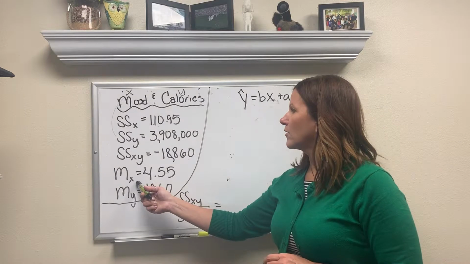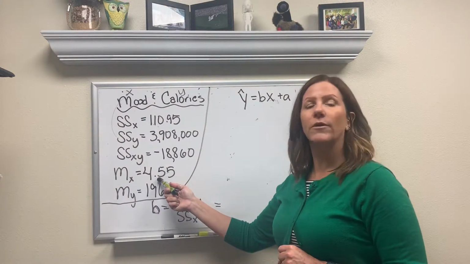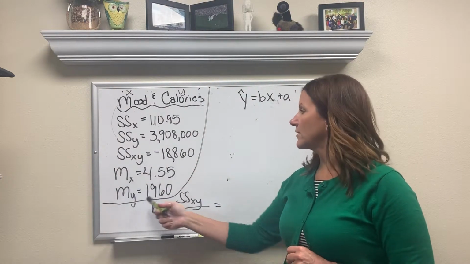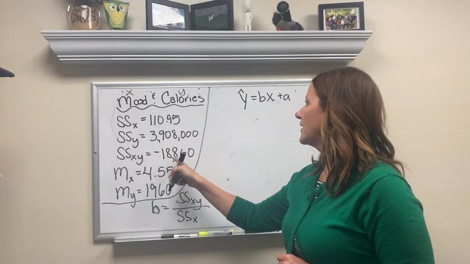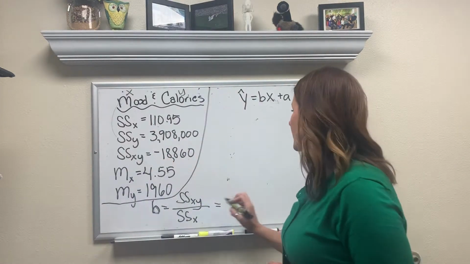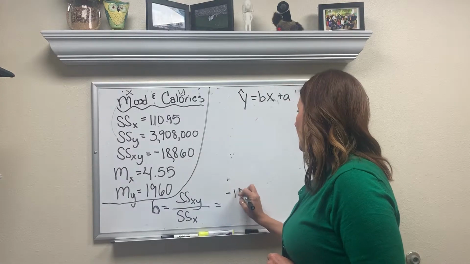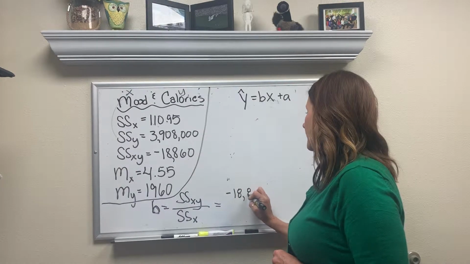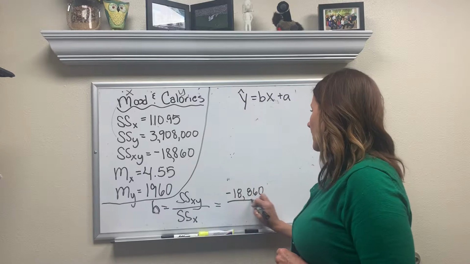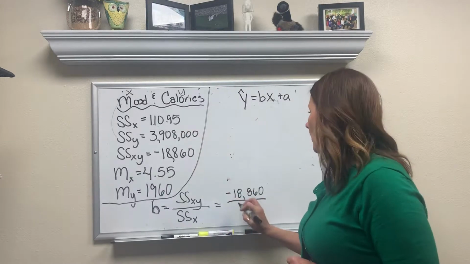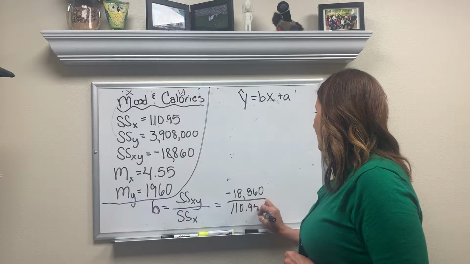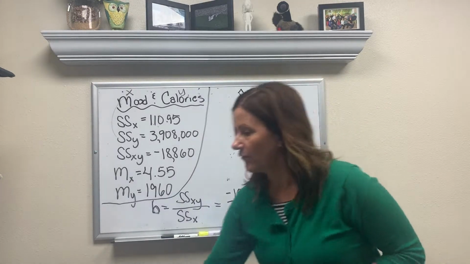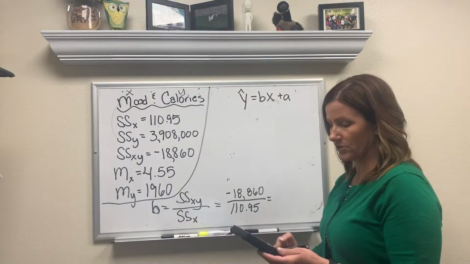So for our mood, we have a mean of 4.55, and for calories, we have a mean of 1960. So I'm going to plug in the information here, and this is a negative, so negative 18,860 divided by 110.95.